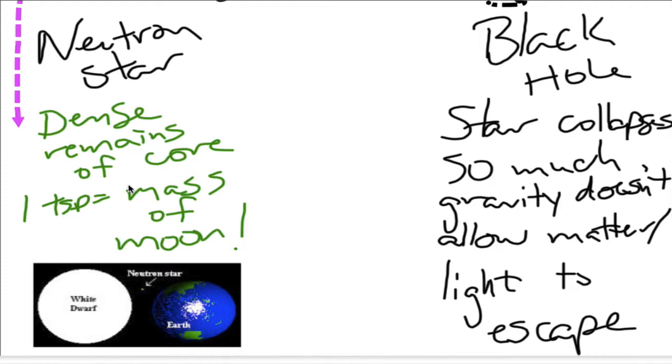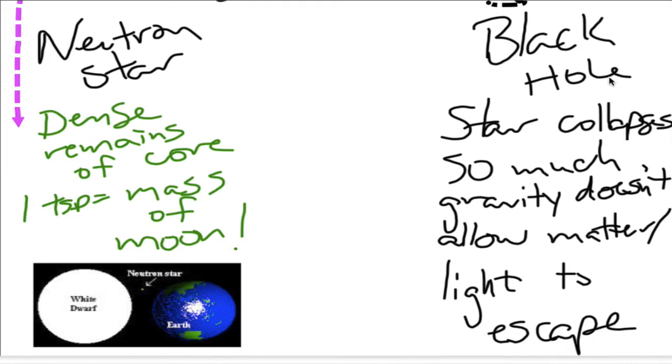However, they're not the objects in the universe that have the most gravitational force. For that, you need the biggest of the biggest stars. When those go supernova, we end up with our black holes. Now, black holes are the objects that have the biggest gravitational attraction.